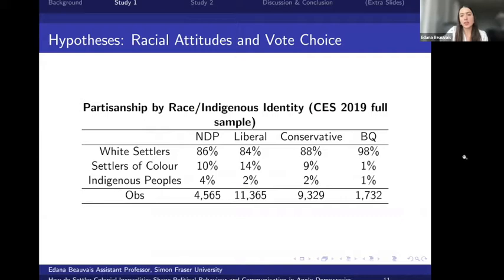So this is the pro-Quebec sovereigntist party that only runs in Quebec. And we can see they actually have the widest voter base of people who identify as white. So I'm also going to hypothesize that in Quebec, white identity is going to be associated with voting for the Bloc.